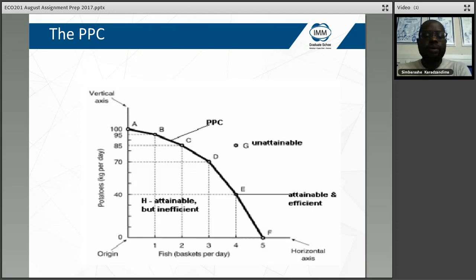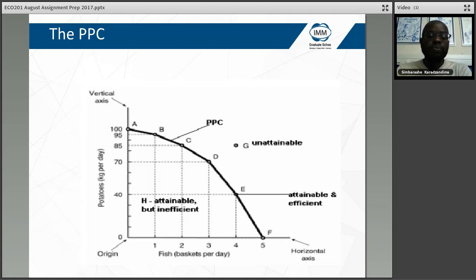Then you can have another point like point H, which is anywhere inside the PPC. Any point that is inside the PPC illustrates the fact that we are not using our resources to their best potential or to their full capacity. Point H therefore illustrates unemployment of resources or inefficiency, even though it is attainable. We are not using our resources to the full potential.